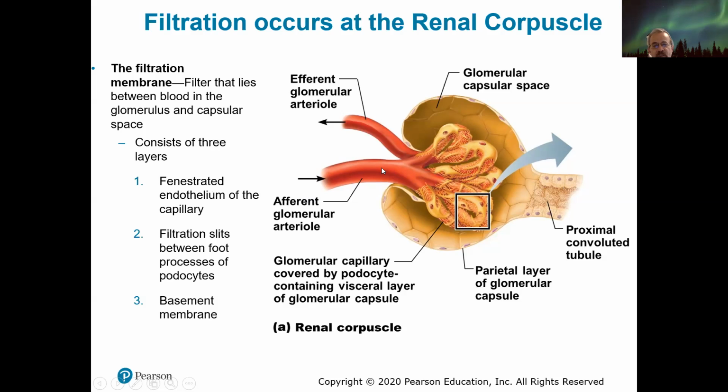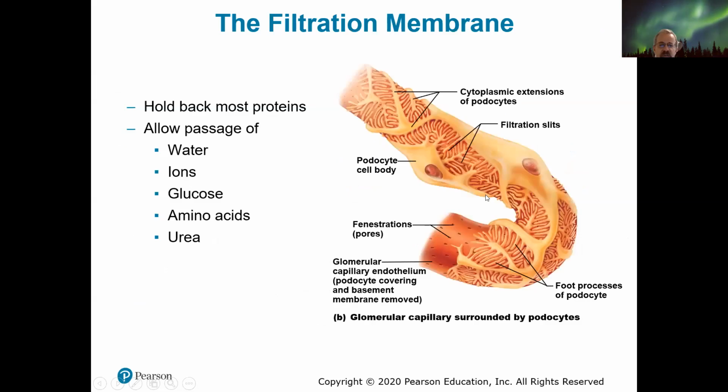For blood to go from the arterioles filtered into the proximal tubule, it has to pass through the fenestrated capillaries, through the basement membrane, which you can't see right here, and then pass through these slits that are found in the podocytes. So let's take a closer view of that.